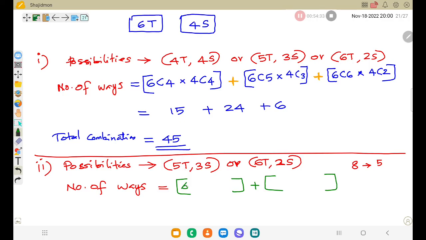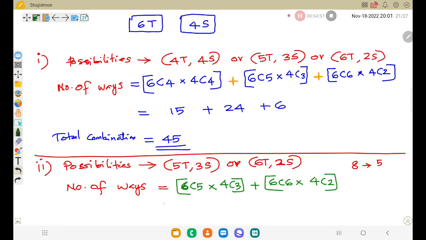So 6C5 multiply 3 students out of 4 students, so 4C3, plus 6 teachers out of 6 teachers, 6C6 multiply 2 students out of 4 students, so 4C2.